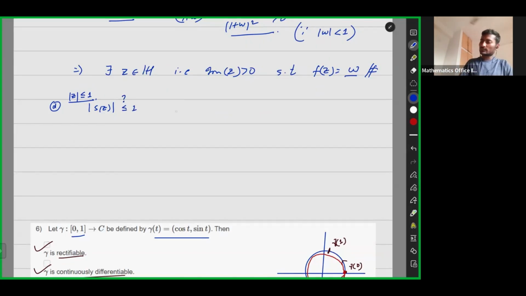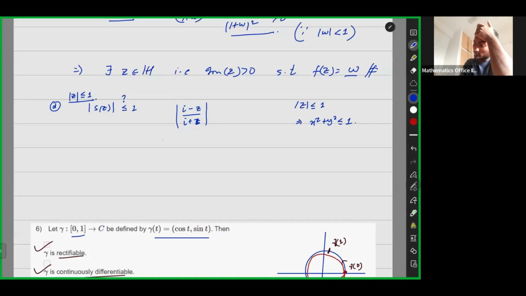First, let's check. So i minus z divided by i plus z, we take the modulus of this. Let's explicitly write mod z less than or equal to 1. This implies x square plus y square is less than or equal to 1.